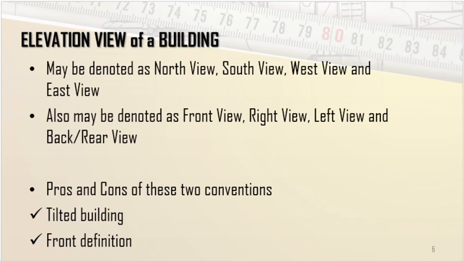But what will happen if the building is tilted? If it is tilted, when you see from the north side, the faces are not necessarily parallel to north, south, east, west. Then you will see something inclined, and that might not give the actual impression, or your observation will not be realistic, as the purpose of our elevation view is.